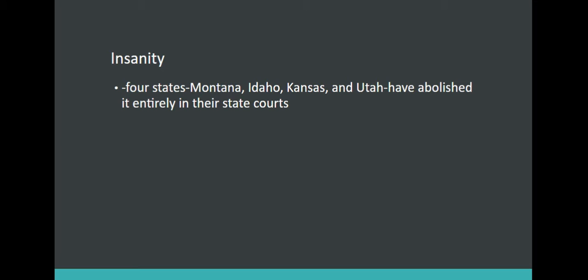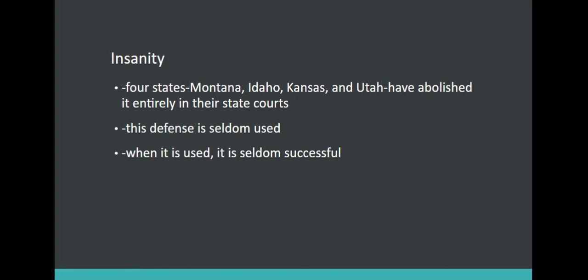To be honest with you, this defense is seldom used. And when it is used, it is seldom successful because of the amount of proof that is needed to prove insanity.